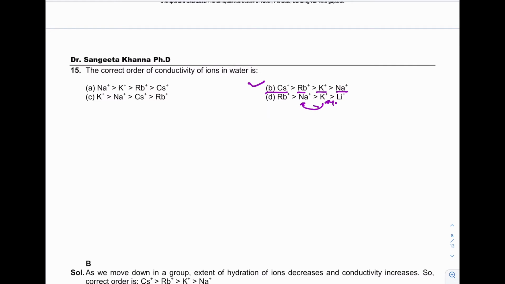Aqueous potassium is smaller, but aqueous lithium has the biggest size. So this one is wrong. Aqueous cesium ion is smallest because of least hydration, whereas aqueous lithium ion is biggest.